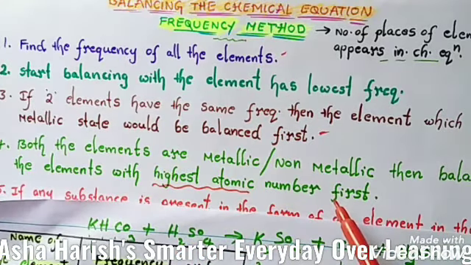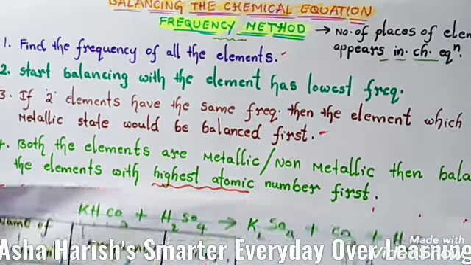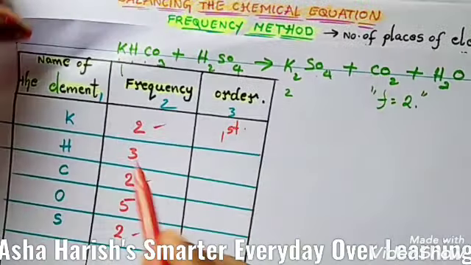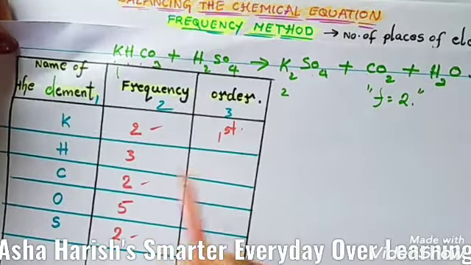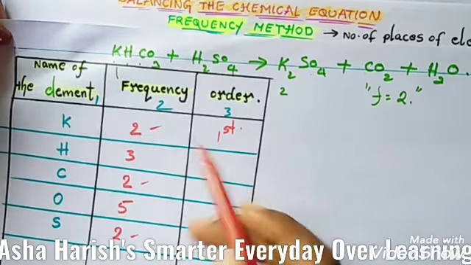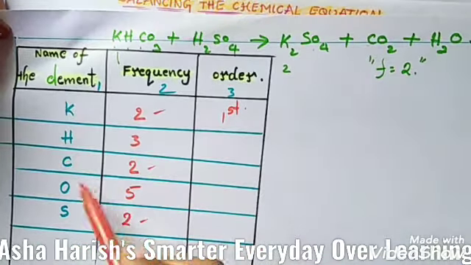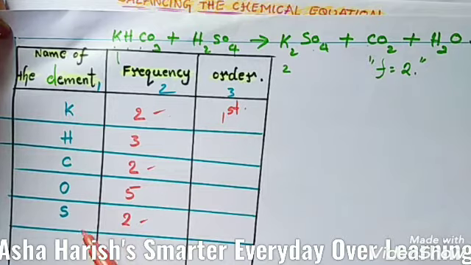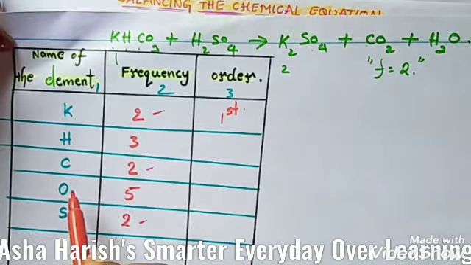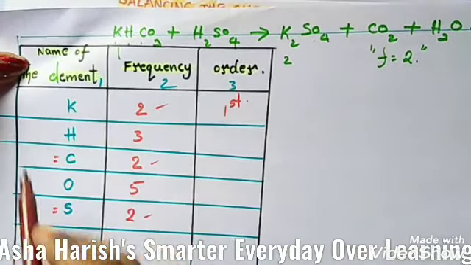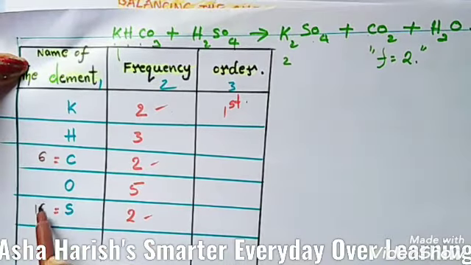Let's see rule number 4 now. Here you can see potassium is completed, and next are carbon and sulfur. Atomic numbers of carbon and sulfur: carbon is 6 and sulfur is 16.